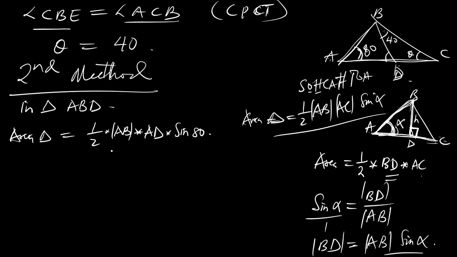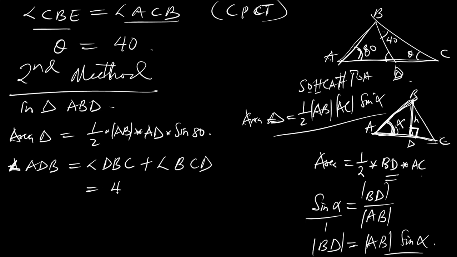So now it means that angle ADB is equal to angle DBC plus angle BCD, which is 40 plus theta.